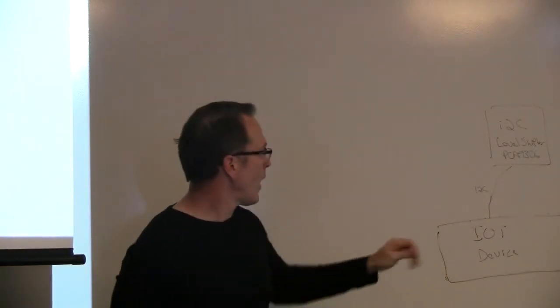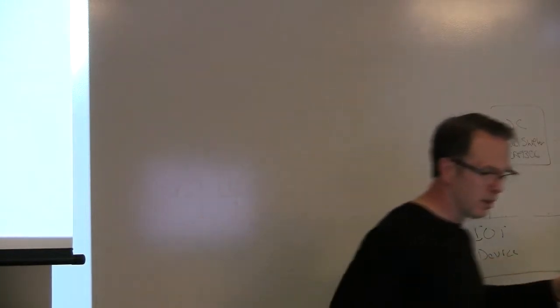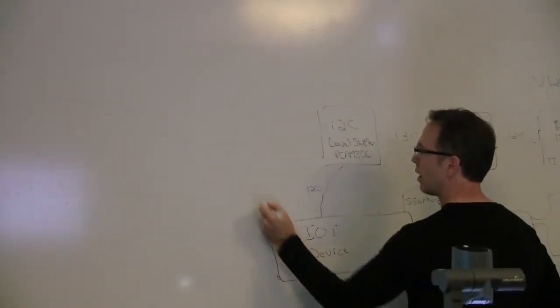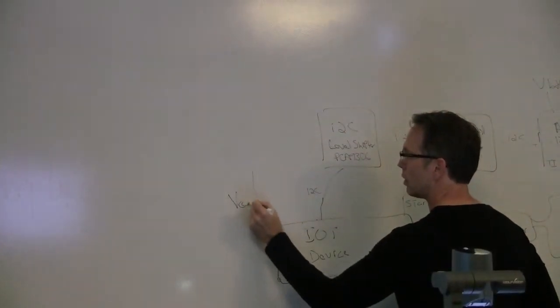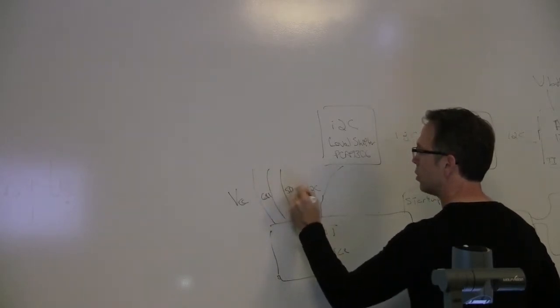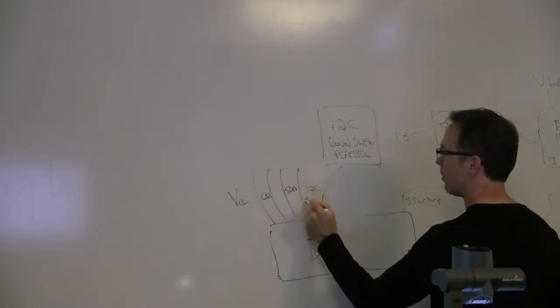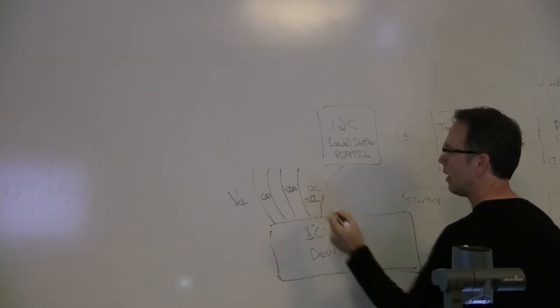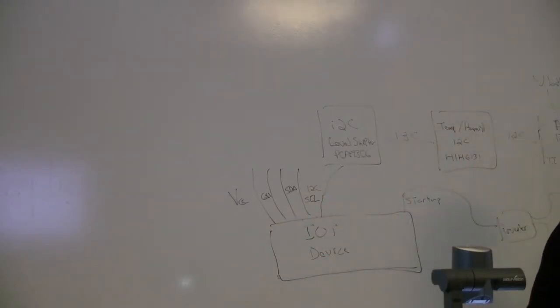So what happens when you connect to this thing, there's basically 4 wires that come off the device, the voltage and ground, and then the two I2C lines, SCL and SDA.